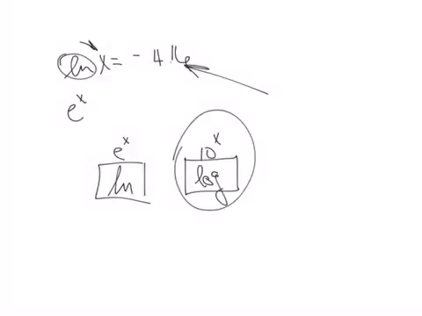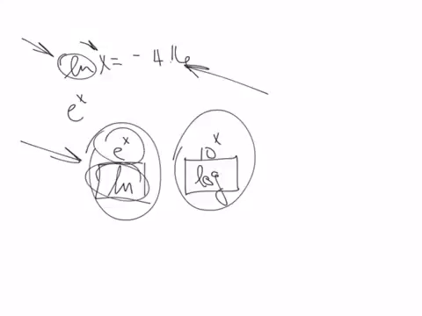So you know these stick together. Okay? So if we've got an ln right here, we know we're going to use this key, but are we going to use the logarithm key or the anti-logarithm key? Well, if we're looking for this number, it's going to be the anti-logarithm key.